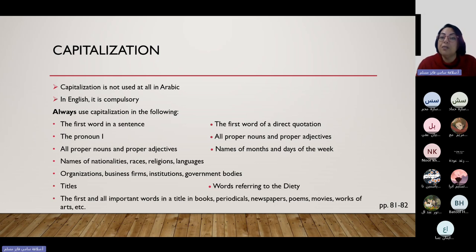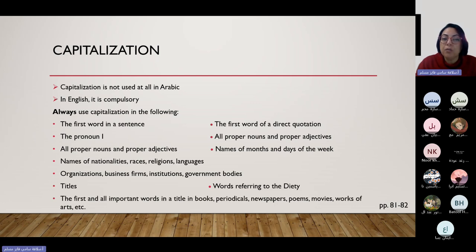What's the difference between Arabic and English is that in Arabic we do not have capital letters, right? So it doesn't matter for us when we translate from English to Arabic whether it's capitalized or not. However, if we translate from Arabic to English, then we need to know the rules of capitalization, okay?